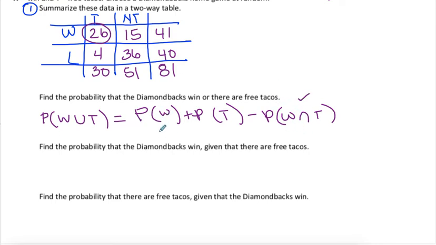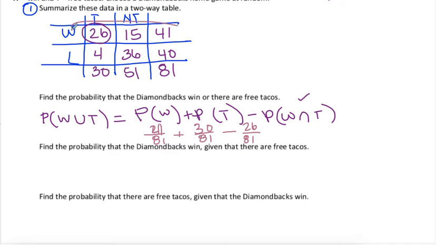So the probability of a win is, got ahead of myself, 41 out of 81, plus the probability of tacos is 30 out of 81, minus the probability that they won and got tacos. So those are the games that we counted twice.